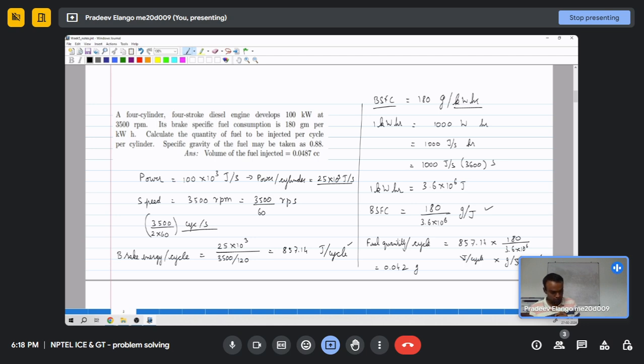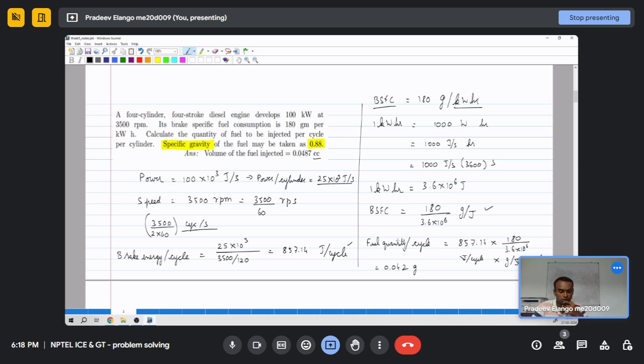If we want the unit in cc, then how do we convert? So we know specific gravity.